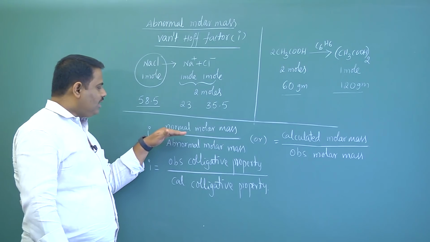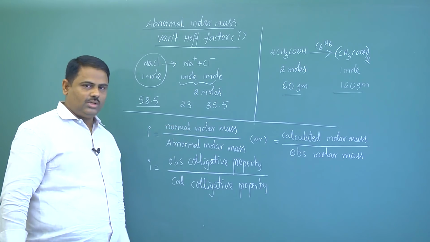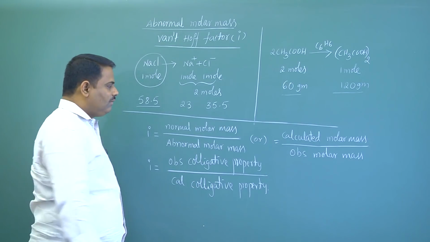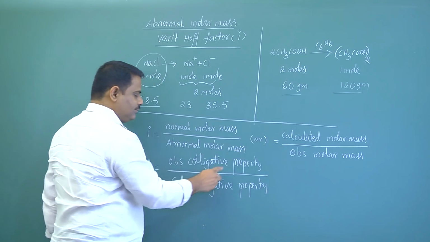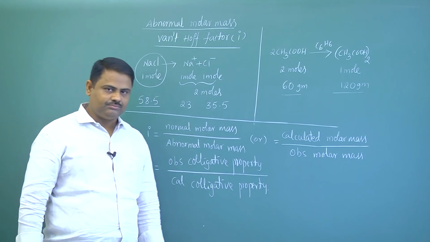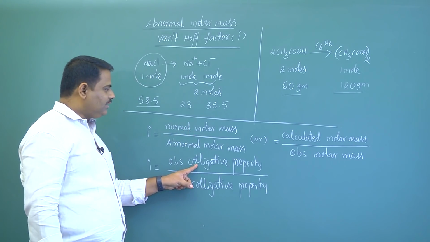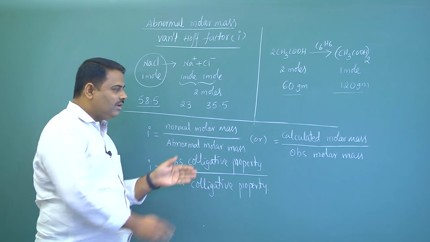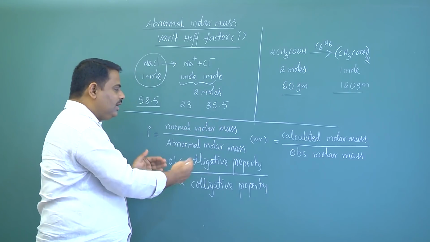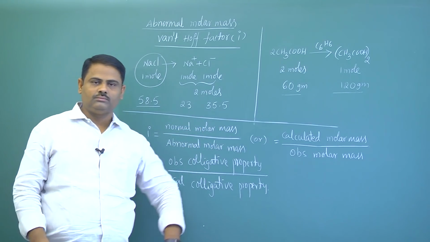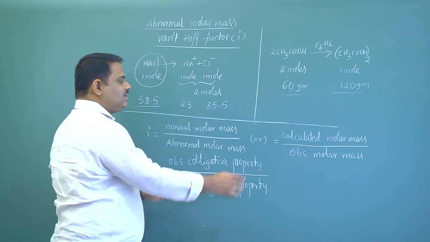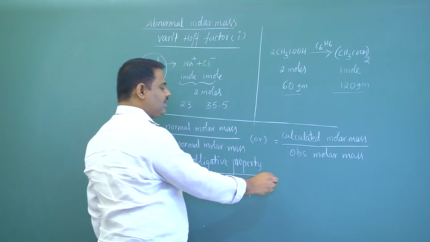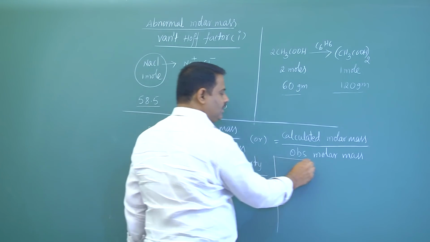Now see, this is regarding molar mass of the solute and this is colligative property. Why are we reversing these two? As we know that colligative property is inversely proportional to molar mass, that is why we are taking this formula in reverse.